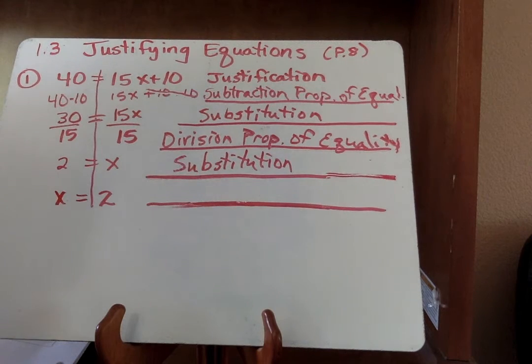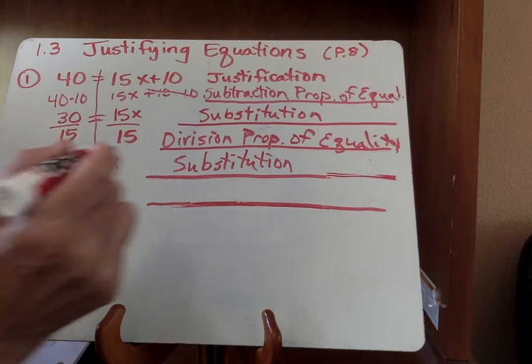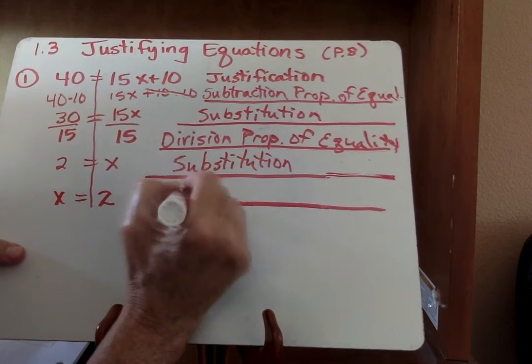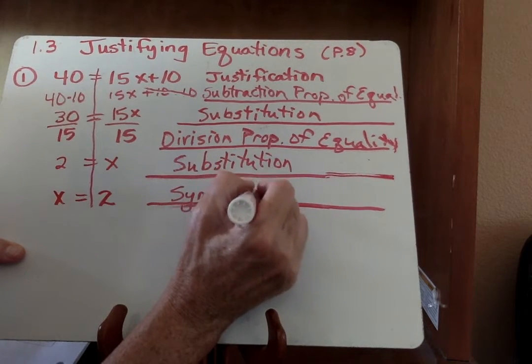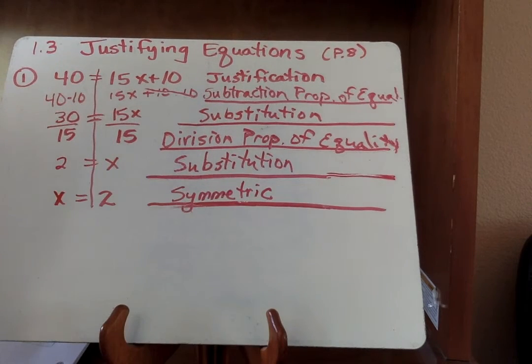And then 2 equals x is the same as x equals 2. So then we would be using the symmetric property. And you would be finished. Okay, so that would be number 1 on 1.3 for page 8.